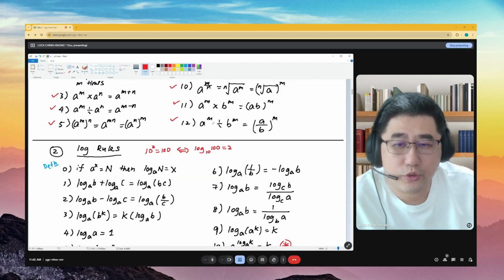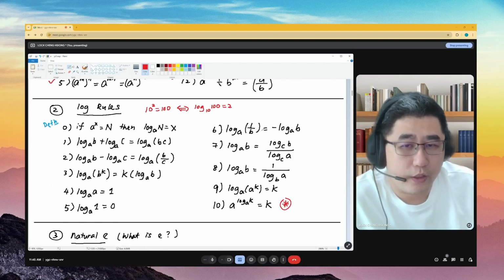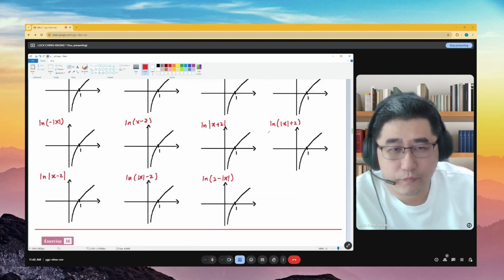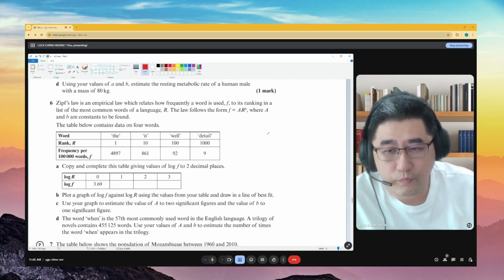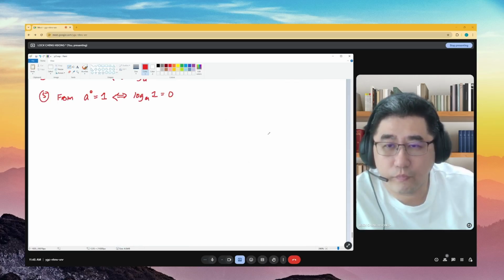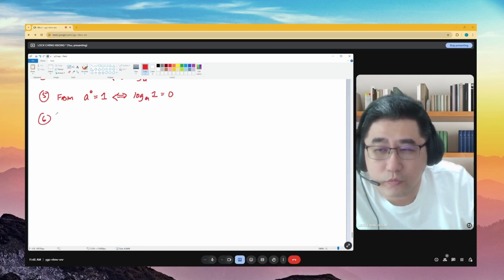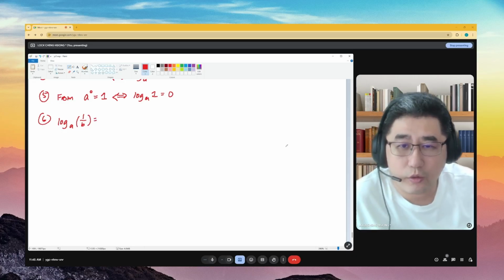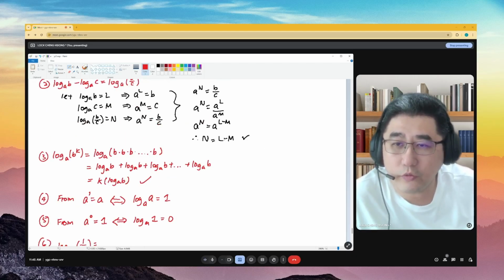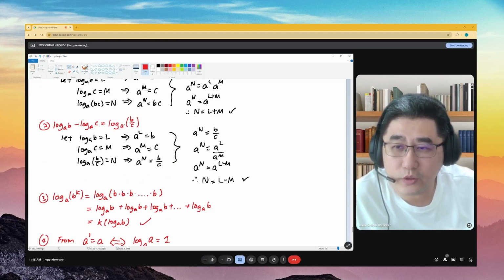Okay, number 6, we have log_a of 1 over b. According to the division rule, log of b over c you can write as log b minus log c.